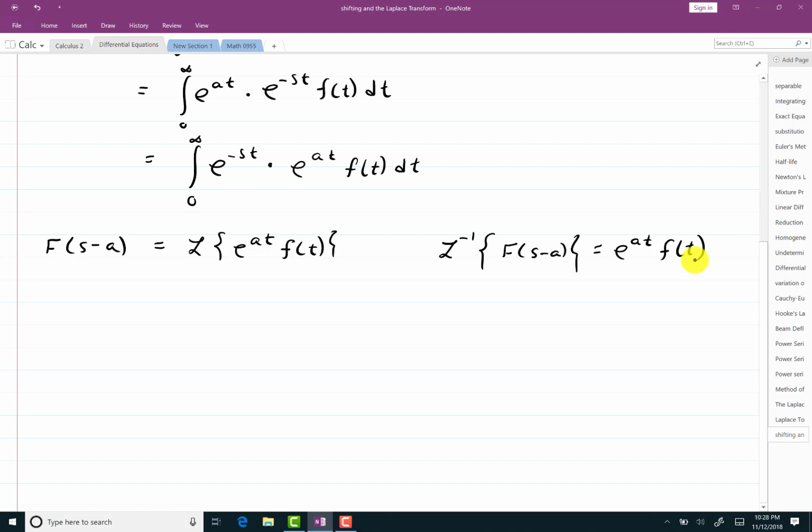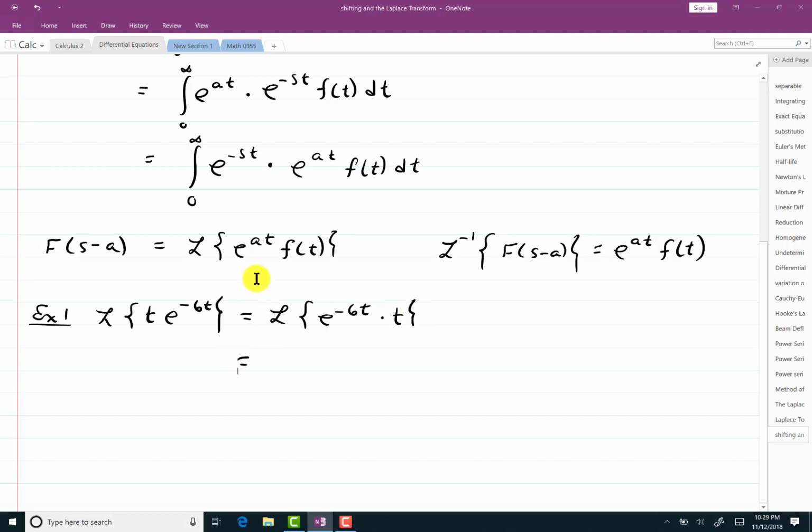Let's do a few examples. Let's take a look at the Laplace transform of t e to the negative 6t. I'm going to put it more like this, so I'm going to rewrite it as the Laplace transform of e to the negative 6t times t.